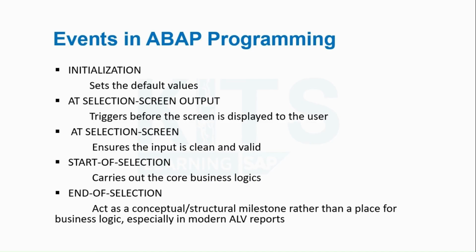At selection screen output triggers just before the screen is displayed to the user. At selection screen ensures the input is clean and valid. Start of selection carries out the core business logic. And end of selection mainly acts as a conceptual or structural milestone rather than a place for business logic, especially in modern ALV reports.